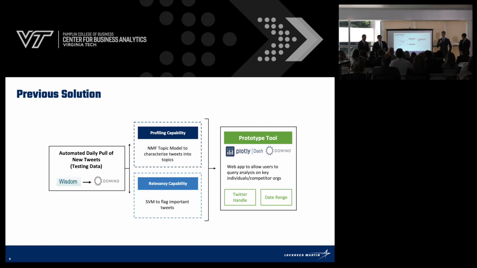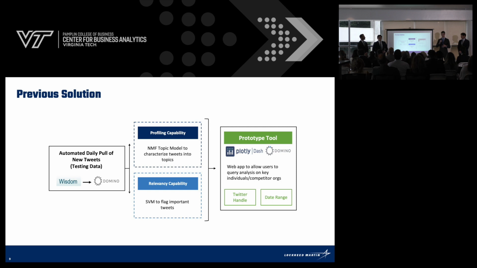So the prototype used a tool called Wisdom that created static CSVs of all the collected tweets that they gathered from specified government officials and competitor organizations. It would then take those collected tweets and apply a relevancy model, which would assign a score of 0 or 1 to indicate irrelevant or relevant, respectively.